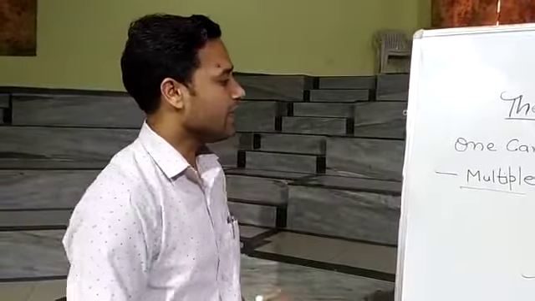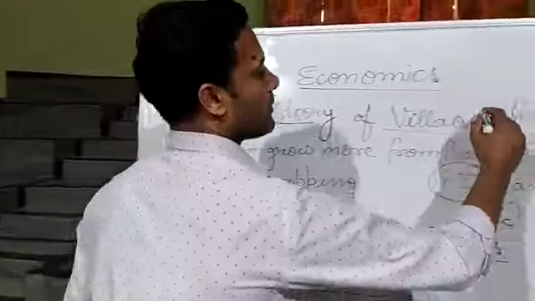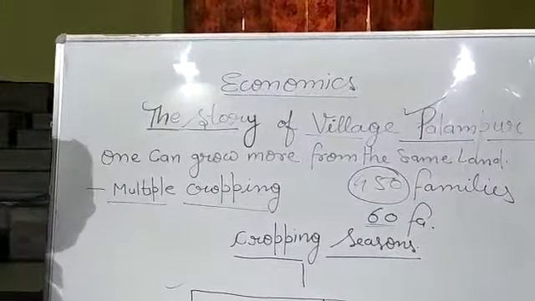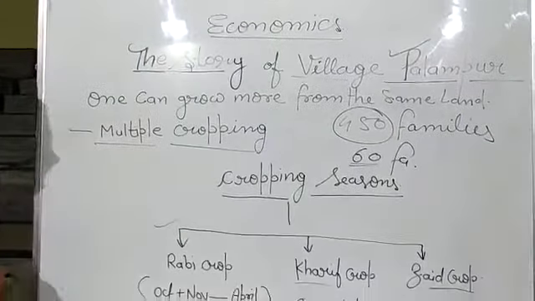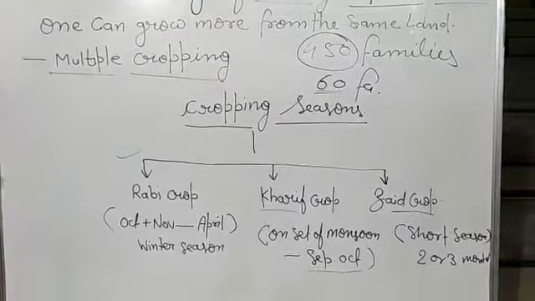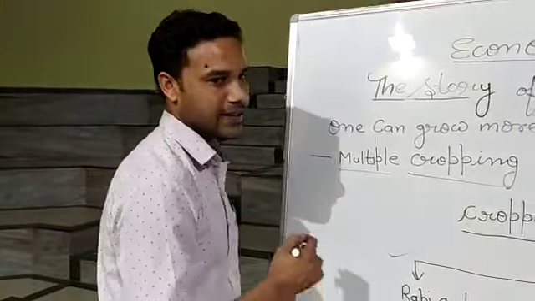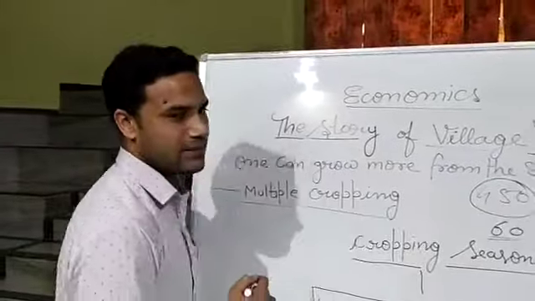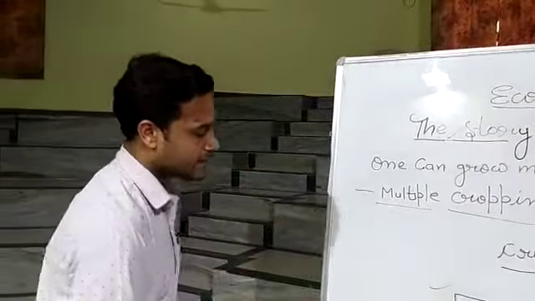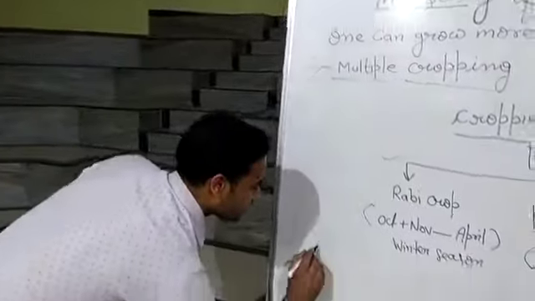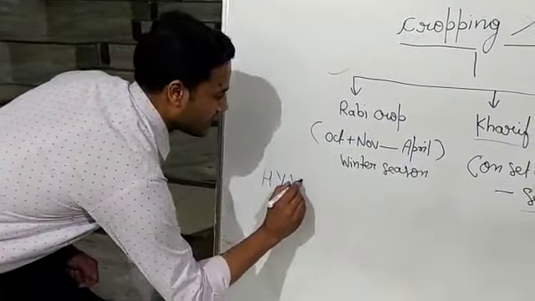In the same way in village Palampur, most of the farmers grow these types of crops in different seasons, and they use the latest technology to get maximum productivity, as they use HYV seeds.